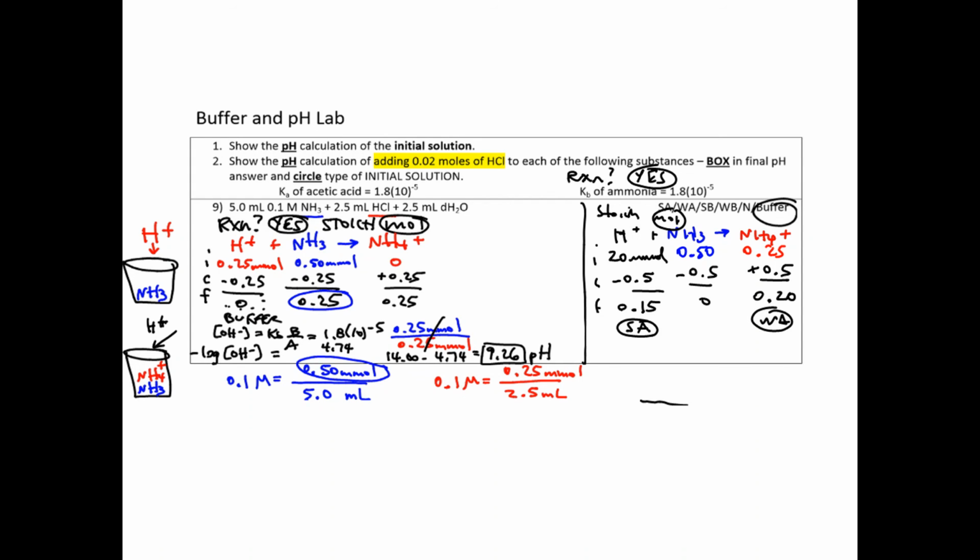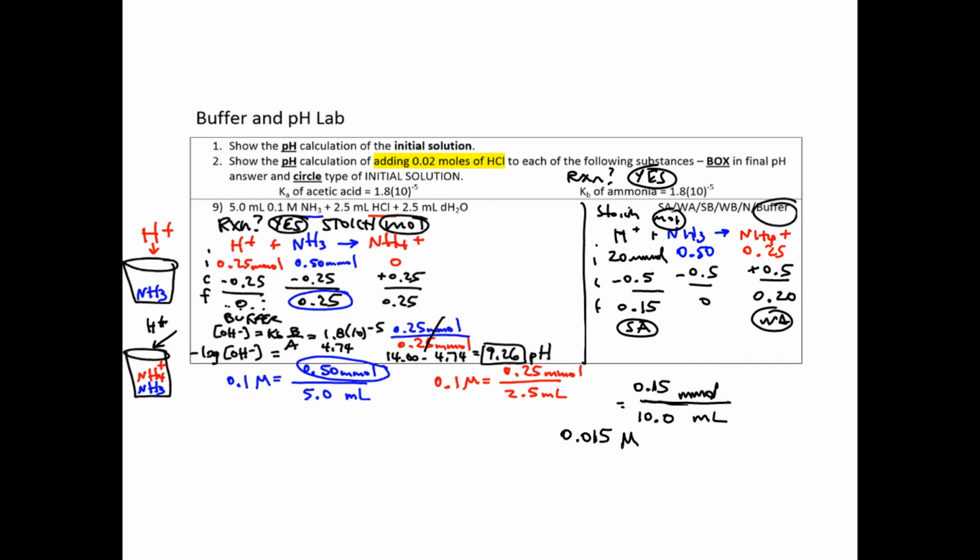So let's do millimoles over milliliters: 0.15 over 10 milliliters. So that's going to be 0.015 molar.